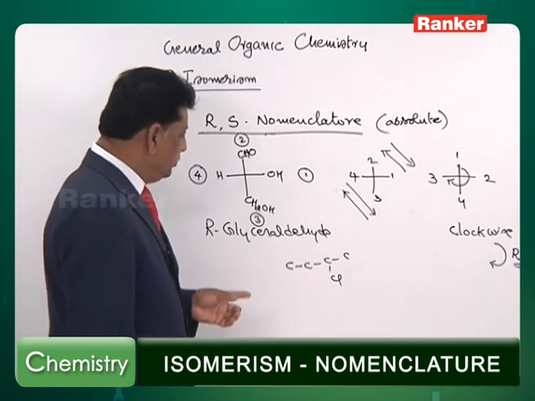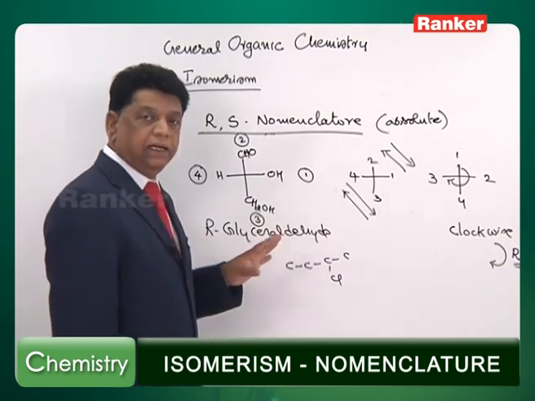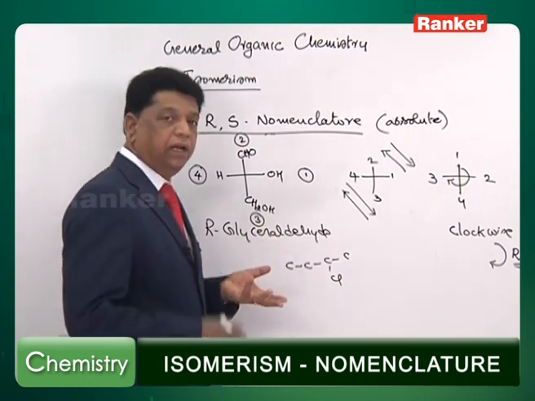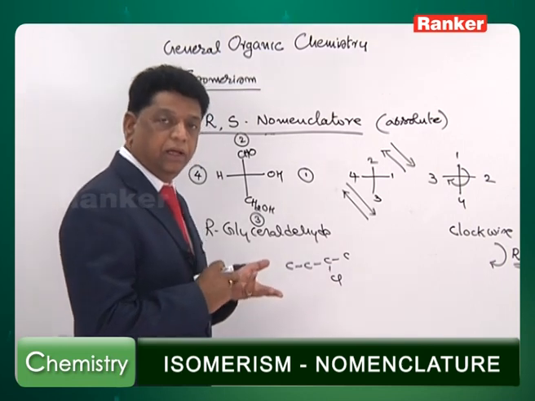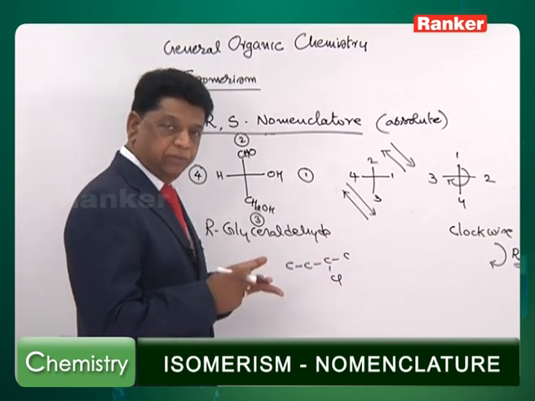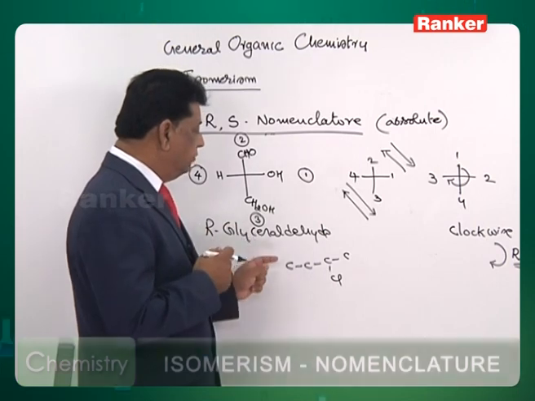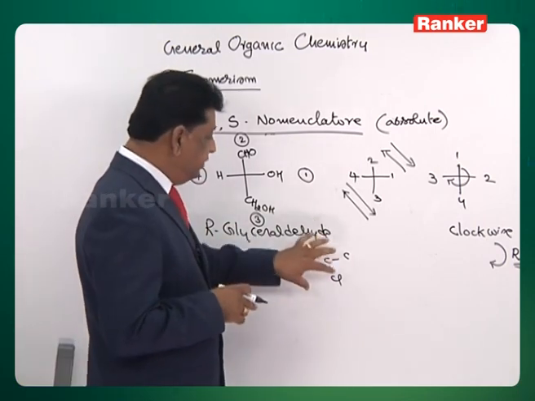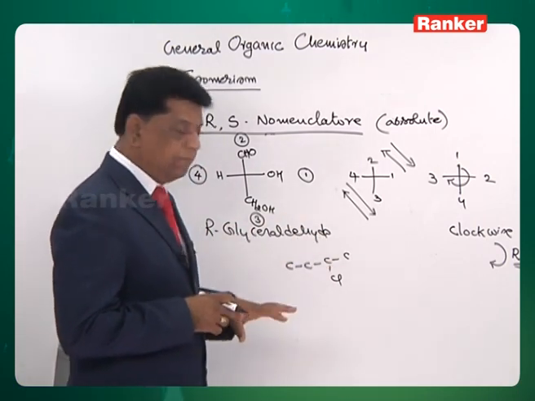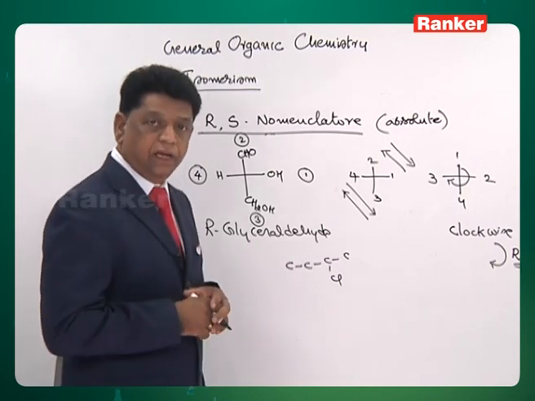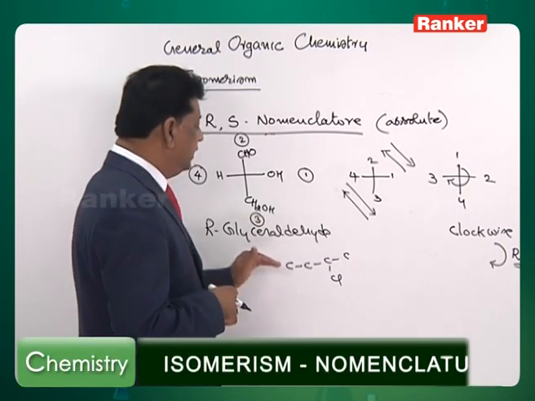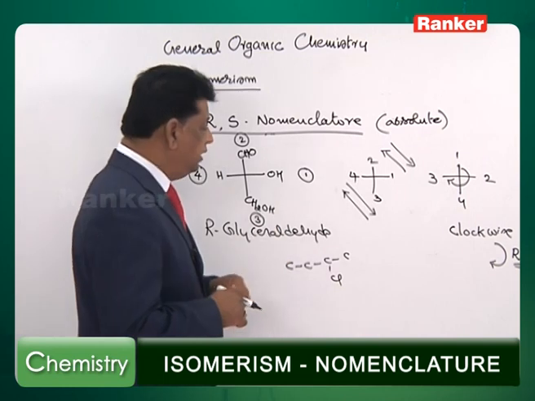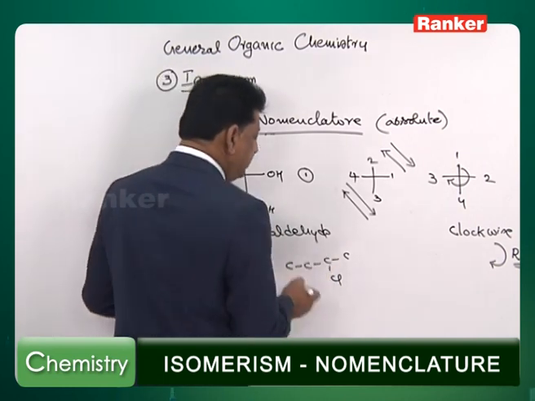Unless you mention it in one of the models, like the 3D model, the Sawhorse model, the Newman model or the Fischer model, specifying in which direction the groups are, you cannot decide whether it is R or S. So first let us write this molecule and convert it into the Fischer model.